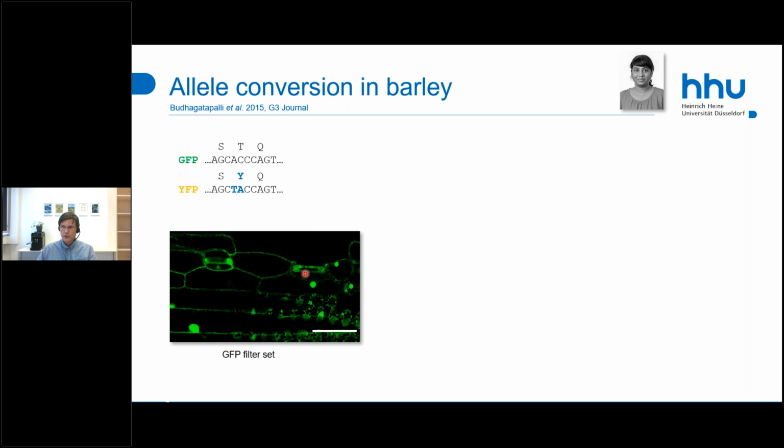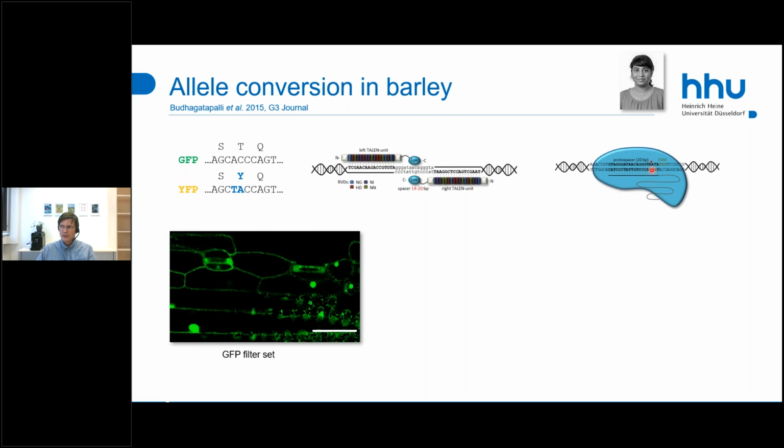And so we used transgenic barley plants, which have a single copy of GFP, and used at that time TALENs and the CRISPR-Cas technology in order to make those kind of allele conversions by providing the GFP-specific scissors and a non-functional YFP repair template.